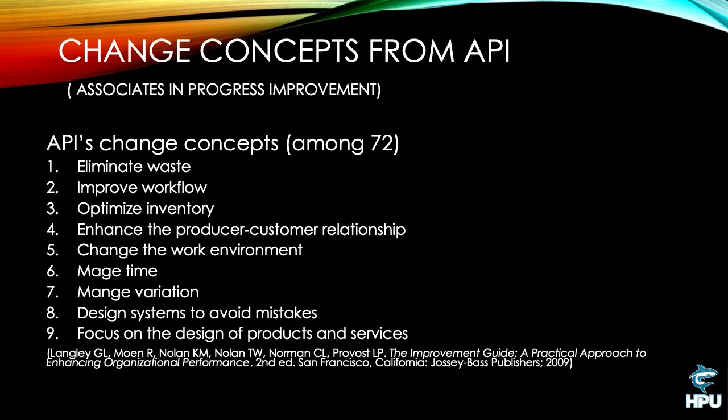Manage time: reduce the startup time. Manage variation: use standardization, create a formal process. Lastly, number 8, design systems to avoid mistakes: use reminders. Lastly, focus on the design of products and services: offer products or services anyplace.